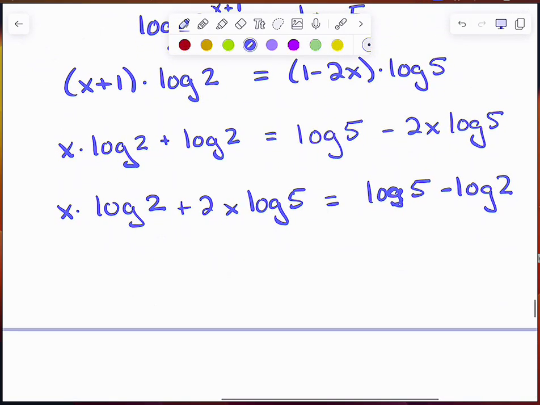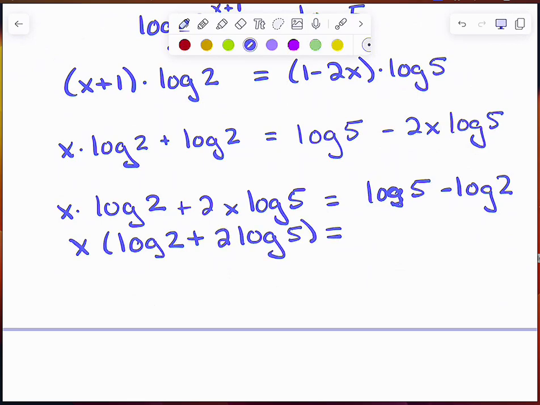I'm going to pull my x out in front, and I have log base 10 of 2 plus 2 log 5 equals log base 10 of 5 minus log base 10 of 2. We're almost done. We're going to divide, and then we could do some simplifying on the right, or we could use our calculator to type it all in.